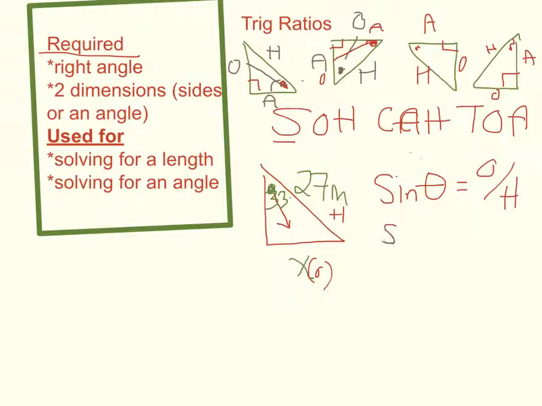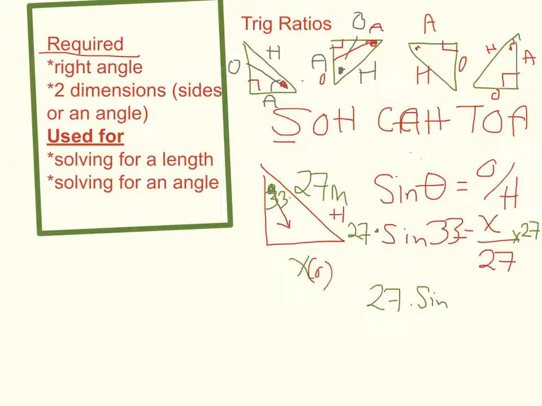So we're going to go sine 33 equals x over 27, the opposite is our unknown and the hypotenuse is 27. I want to get rid of the 27 on the denominator, so I'm going to times both sides by 27, because this bar is our division. So I have 27 sine 33 equals x, and the rest is calculator work.